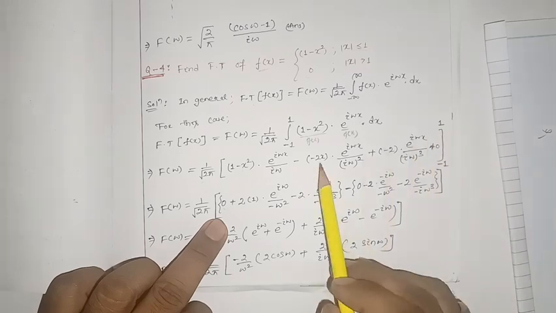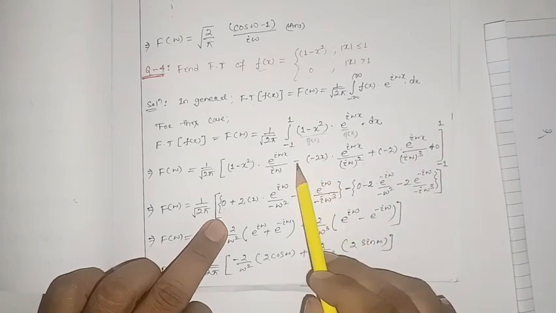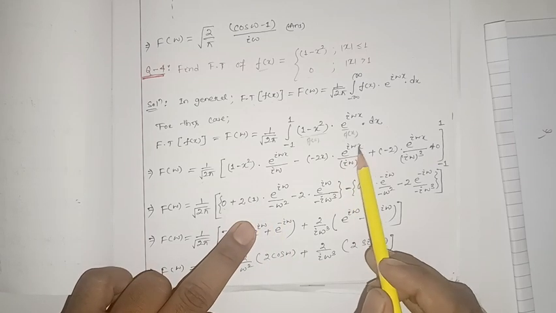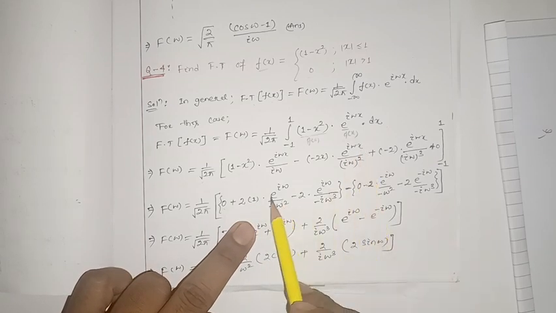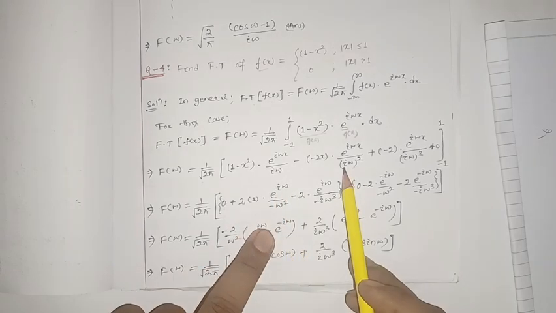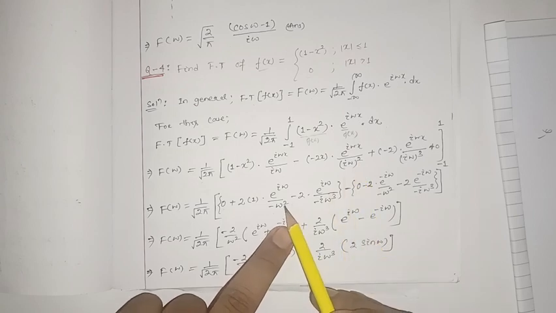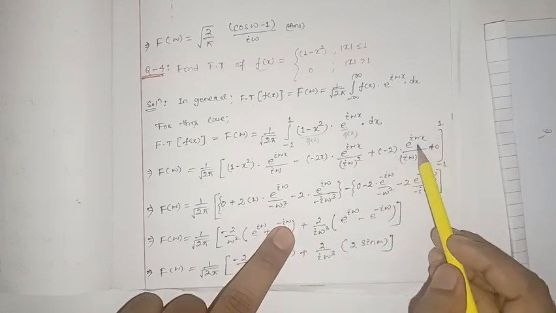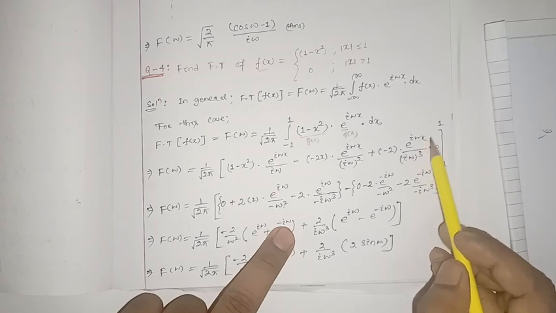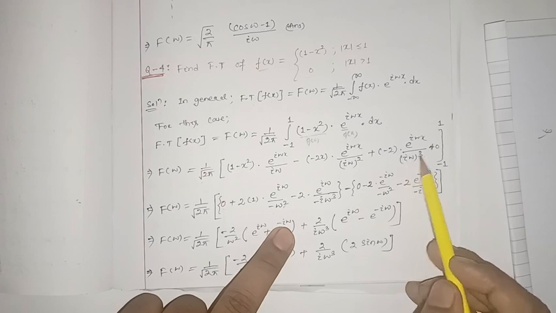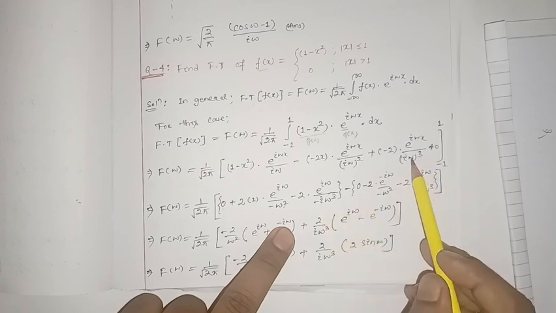Then I substitute 1 over here, so plus 2 into 1, e to the i omega by i square omega square, where i square is minus 1, so minus omega square is written over here. Then here x is there, so minus 2 e to the i omega by i cube omega cube, and i cube is nothing but minus i.